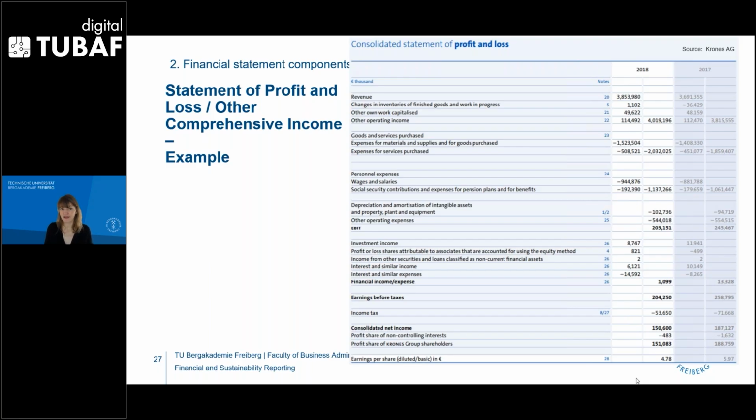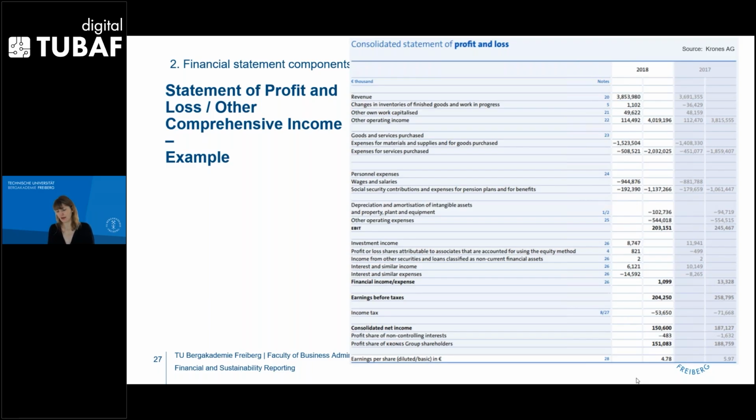Now, the revenue, and when we have some important expenses, and afterwards we receive the earnings before interest and taxes as one performance indicator which the company could use. We have also another performance indicator here, the earnings before taxes, EBT, mentioned as subheading, and then finally the consolidated net income, and then the earnings per share, which are distributed to the shareholders of the company.